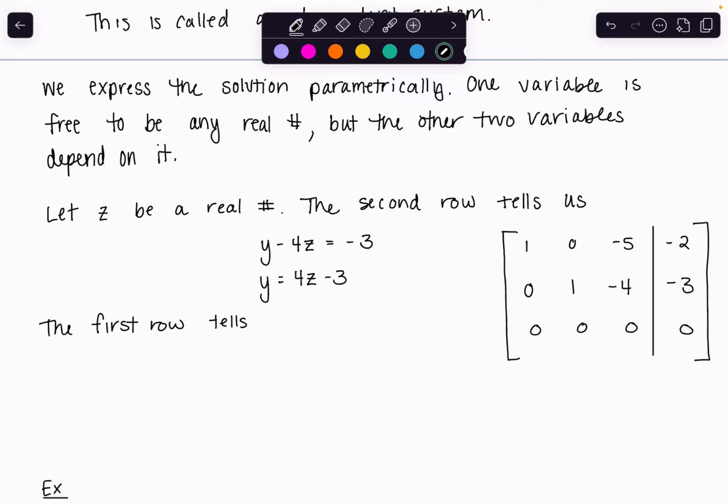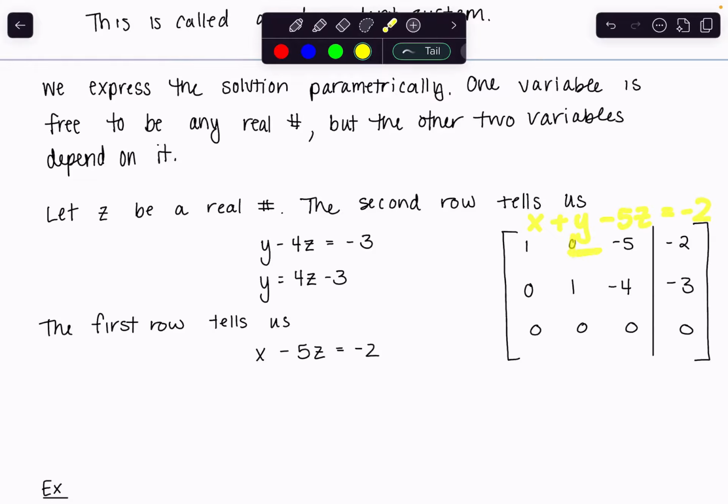The first row tells us x minus 5z equals negative 2. If I had not gone back and changed this, I would have had that coefficient for y, and all I would have had to do is plug that value in to get everything in terms of z. So say this was a 1 here, that would be x plus y minus 5z equals negative 2.